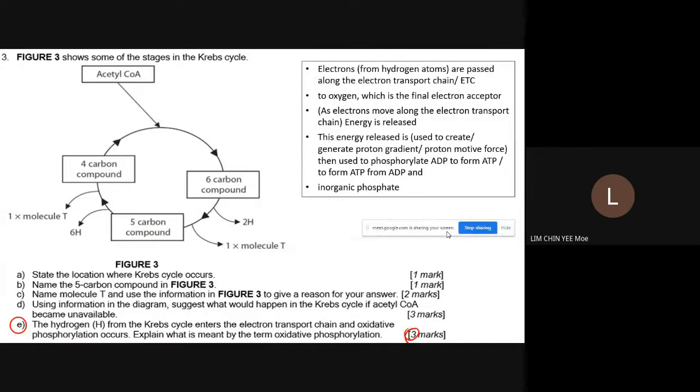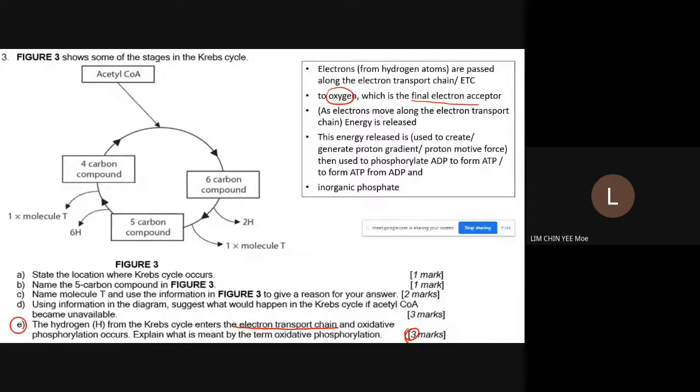First, bagi tahu dulu, electrons tu akan pass along the ETC. Sebab dia dah cakap, hydrogen from Krebs cycle enters ETC. So ETC always relate to electron. Electrons from the hydrogen atoms are passed along the ETC and always end with the final electron acceptor, which is oxygen.